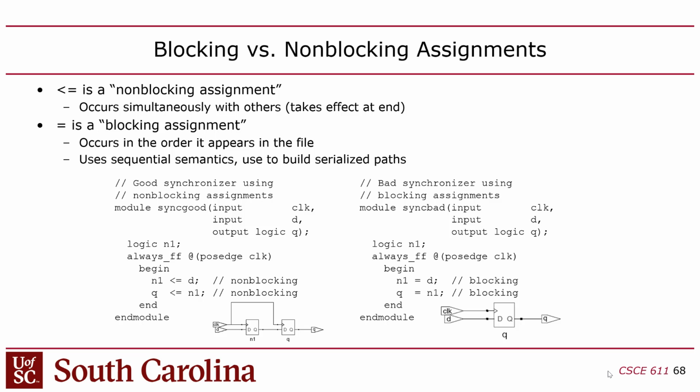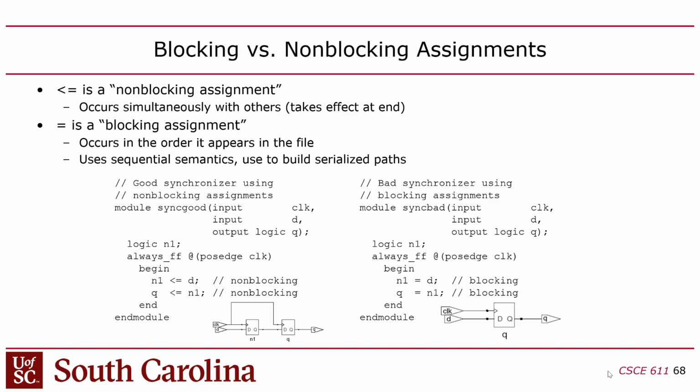However, if you use a blocking assignment, which is a regular equal sign, then it'll enforce this data dependency. So when it sees N1, N1 will be updated reflecting what happens after the first line of code. The problem is that this code does nothing, because it ends up becoming just a single flip-flop, because N1 is effectively the same as D. So this is the same as just saying Q gets D. Make sense?